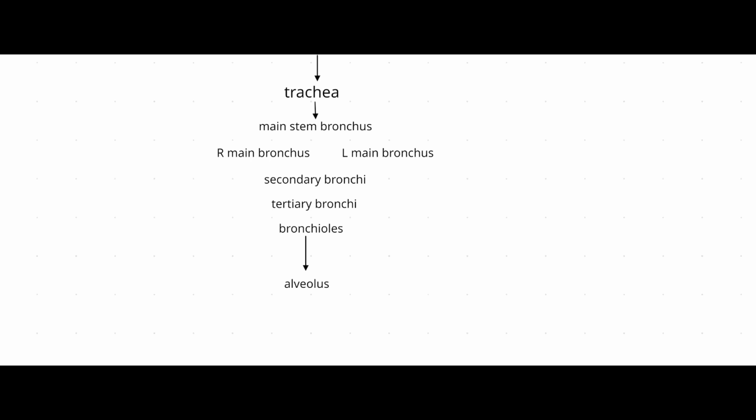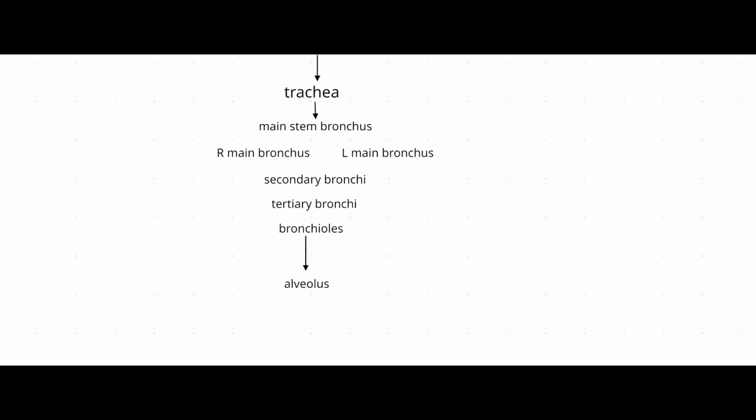Impaired gas exchange. Because now there could be an obstruction or a decrease in the flow of oxygen from the alveolus to the pulmonary capillaries that surround it, or the flow of CO2 from the pulmonary capillaries to the alveolus.